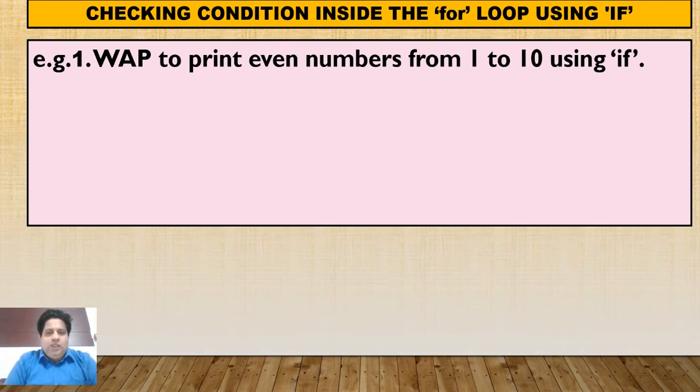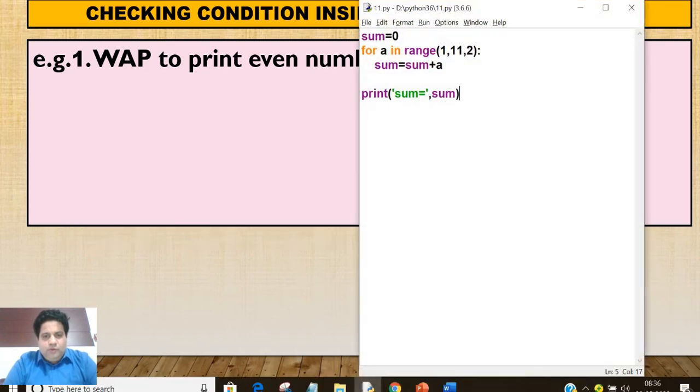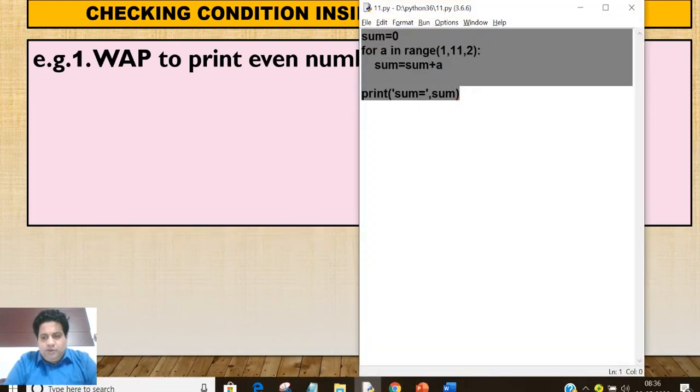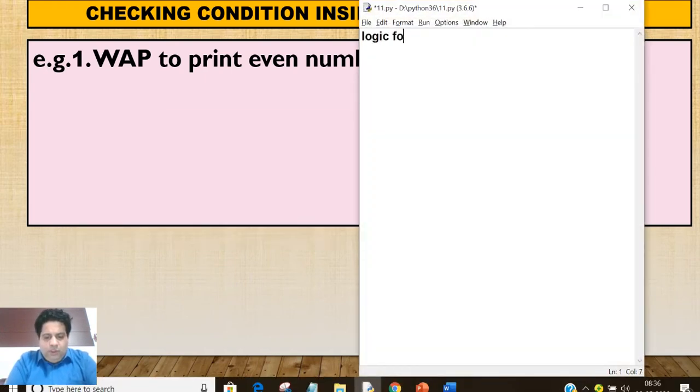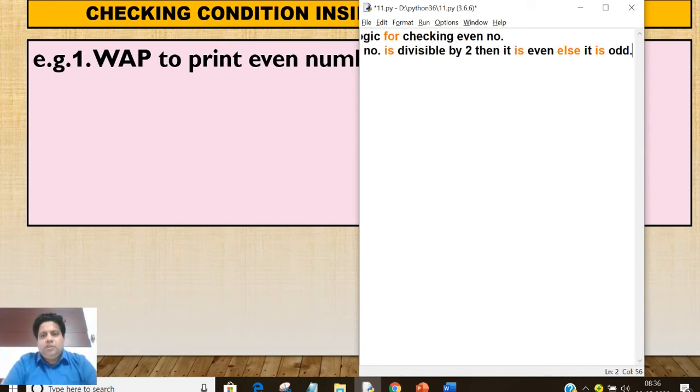Now see, the logic for checking even numbers is: if number is divisible by 2, then it is even, else it is odd. This is the logic.